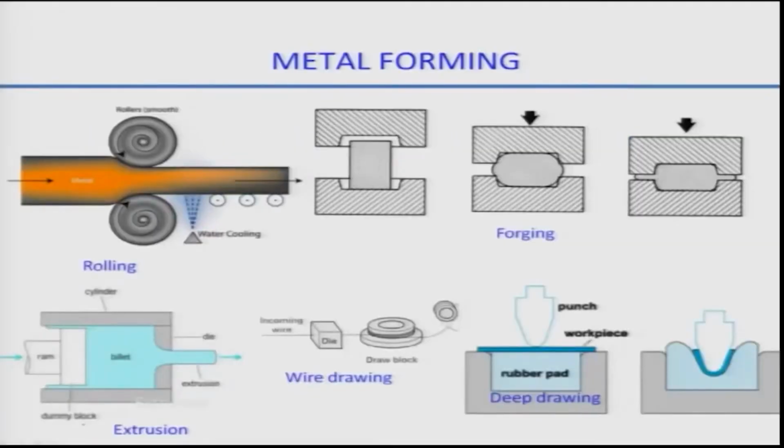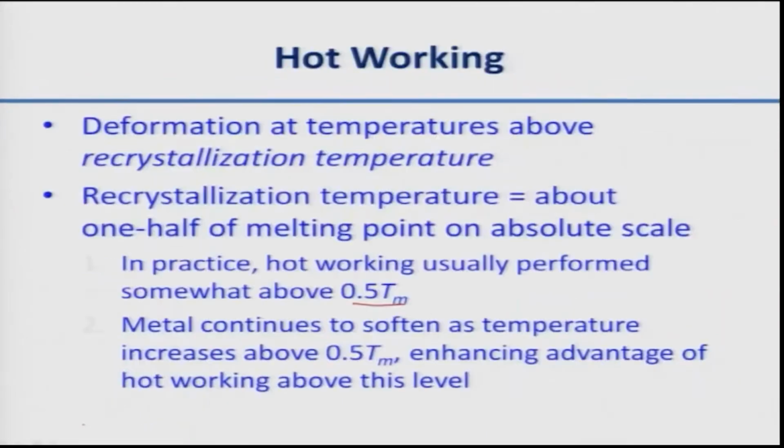As I said, there are different kinds of metal deforming processes, and each of these processes leads to a huge plastic deformation, and these can give rise to different kinds of working conditions like hot, cold or warm working depending on temperatures.